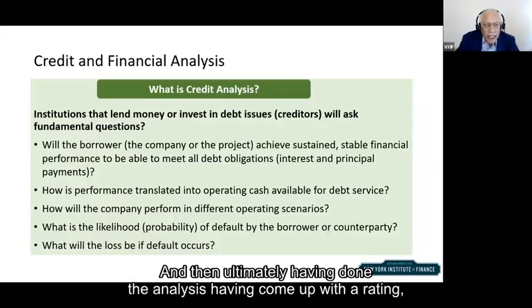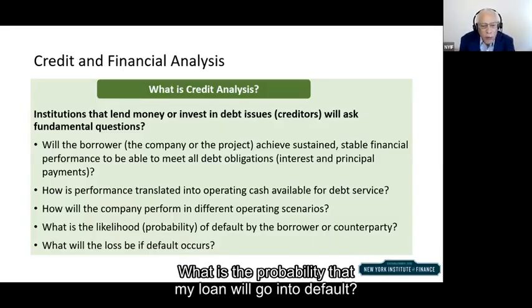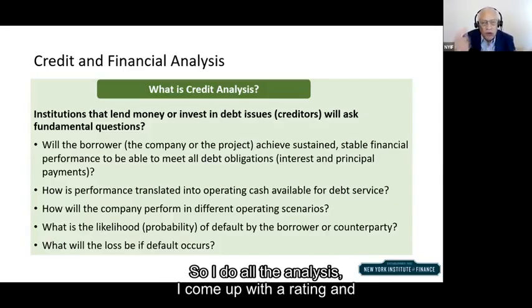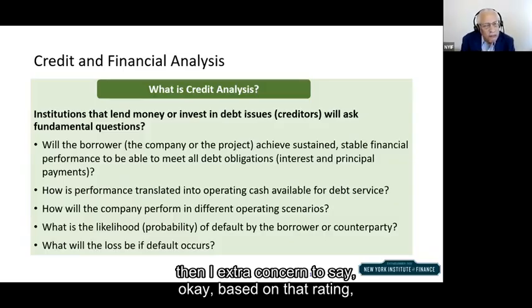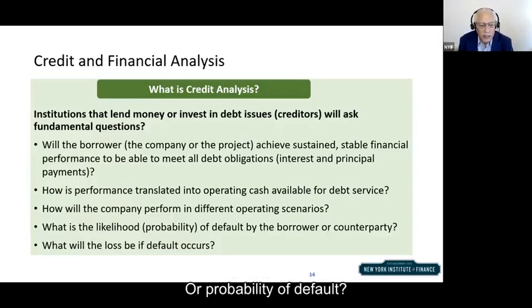And then ultimately, having done the analysis and having come up with a rating, I can actually try to project the probability that my loan will go into default. So I do all the analysis, I come up with a rating, and then I can say, okay, based on that rating, what do we think is the probability of non-performance or probability of default?